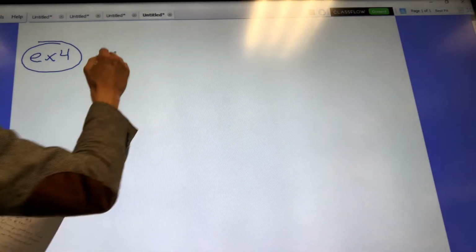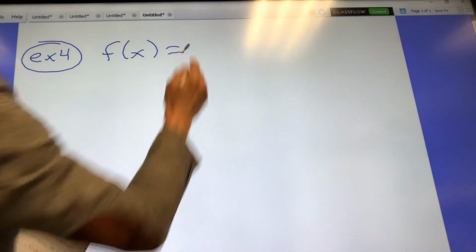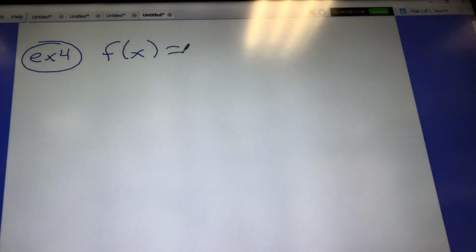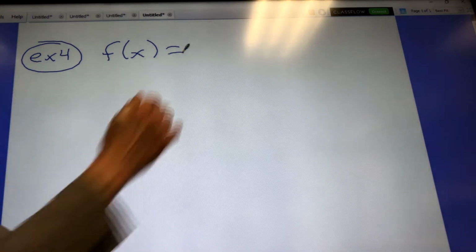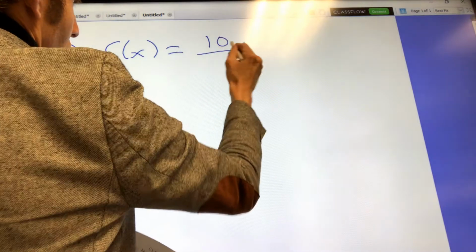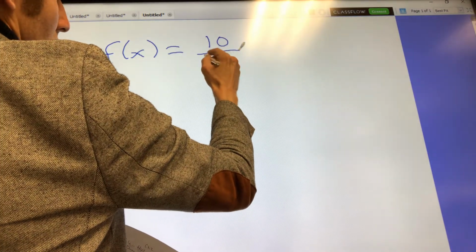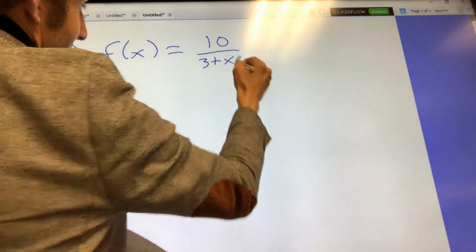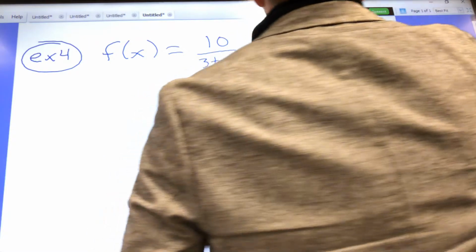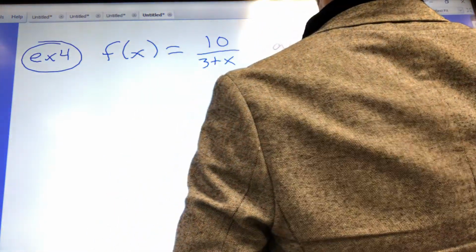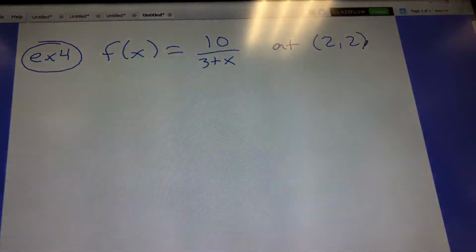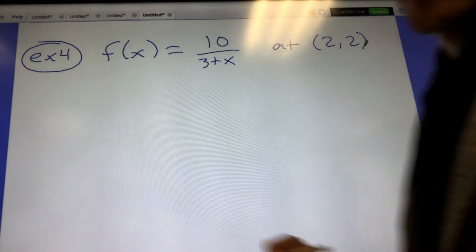f of x is equal to 10 over 3 plus x, and the point is 2, 2. Plug 2 in for x. You get 10 over 5, which is 2.